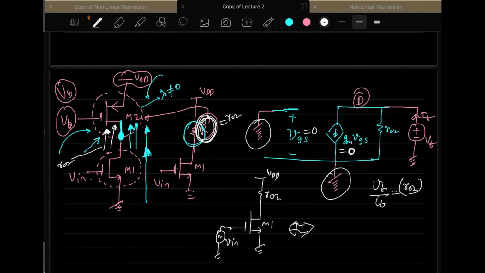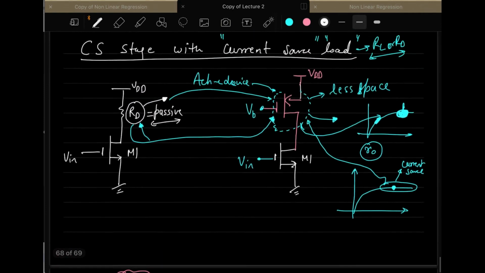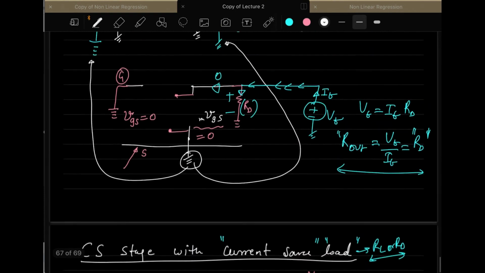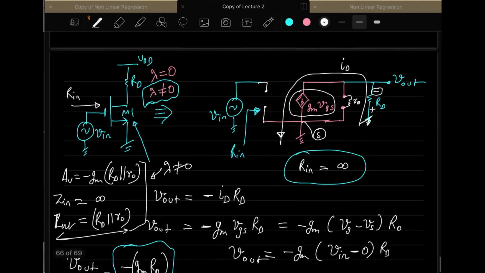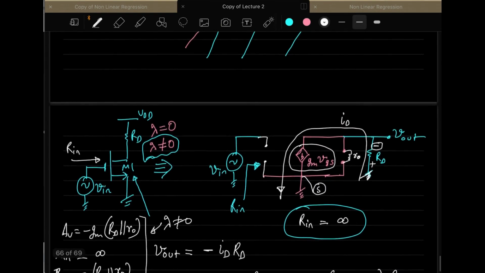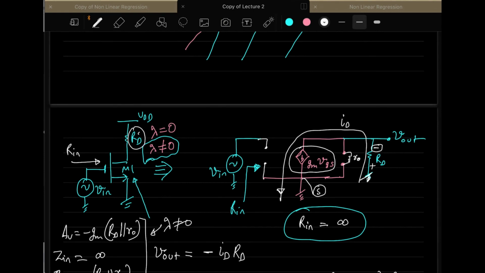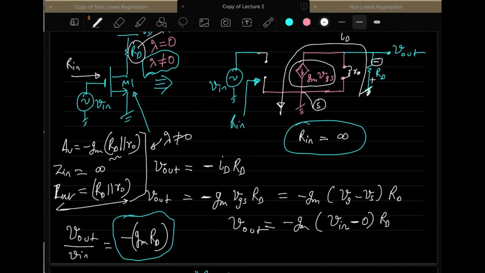This is basically the same thing that we studied right now. As you can see here, we have this configuration, right? Now RD will be replaced by RO2. Wherever it is RD, you can replace it by RO2.